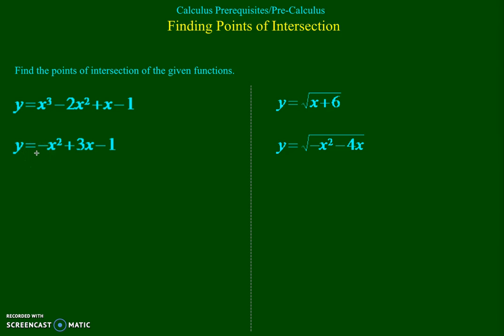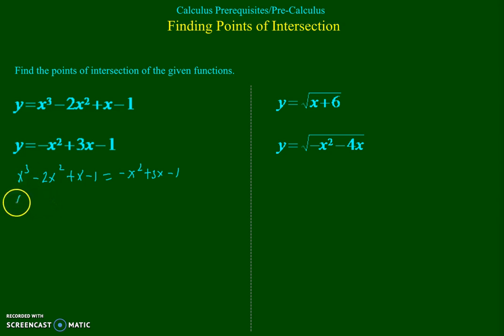Let's start out with this first one, and we're going to set these two equations equal to each other. So we have x to the third minus 2x squared plus x minus 1 equals negative x squared plus 3x minus 1. So all these terms I'm going to pull over to this side because we have a positive x cubed here.